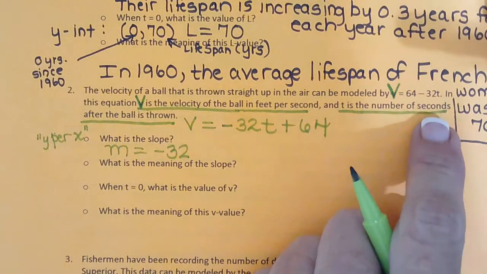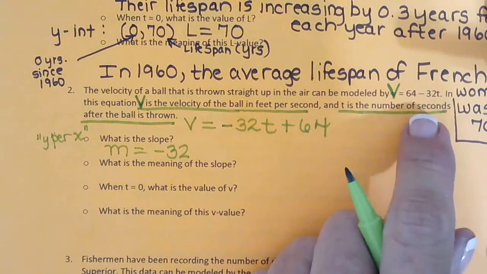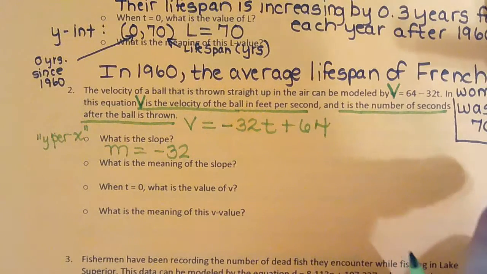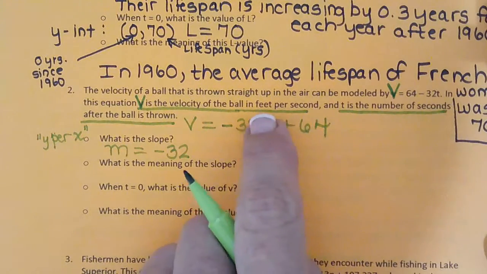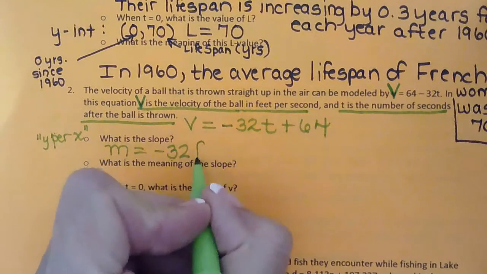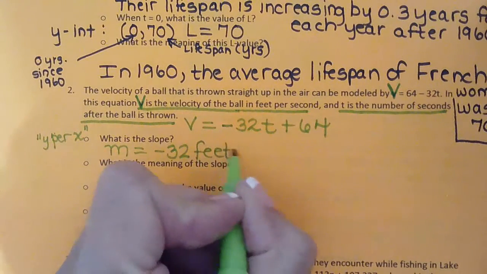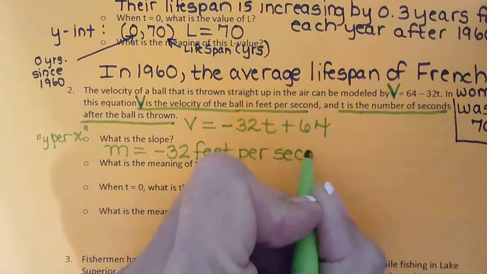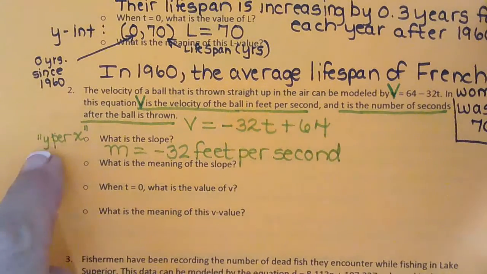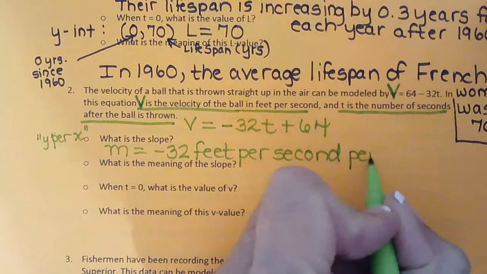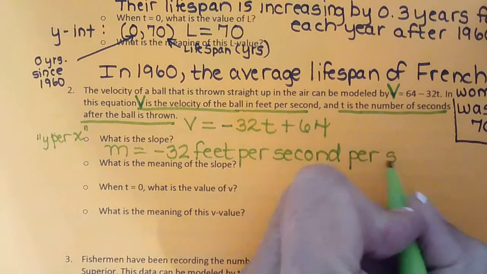So have you ever used or heard the phrase feet per second per second? It's also called feet per second squared, but that's what this is going to be because it's y, feet per second. So that's our y. Then we use the word per again, and then second.